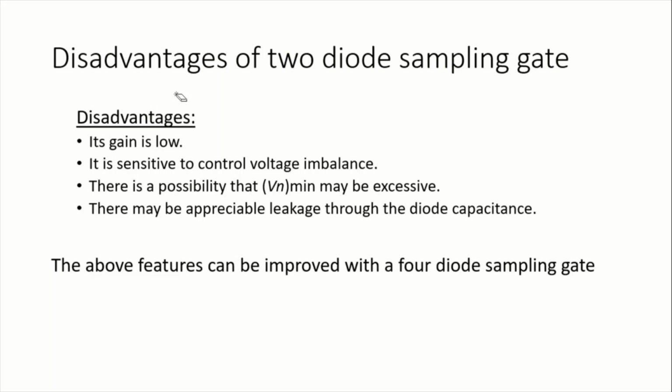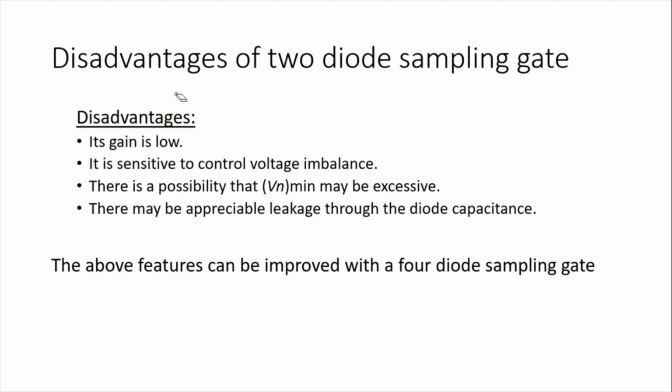If one value is plus Vc and the other is not exactly minus Vc, then we may expect a pedestal at the output side, which is not desired. There is also no possibility that Vn minimum may be excessive here. And the last one is that there may be appreciable leakage through the diode capacitance.